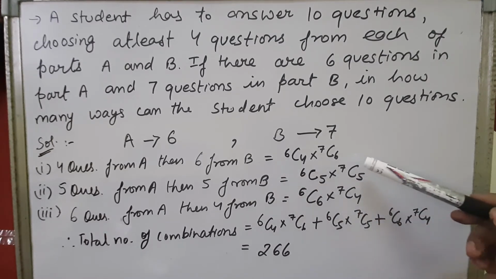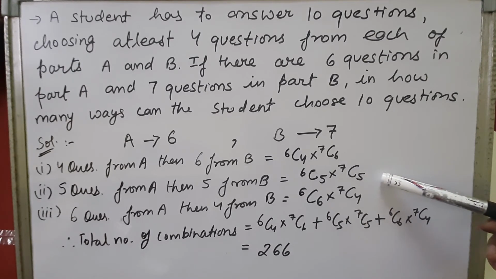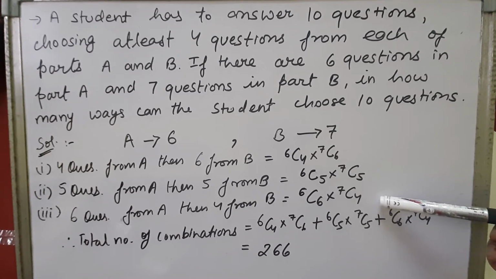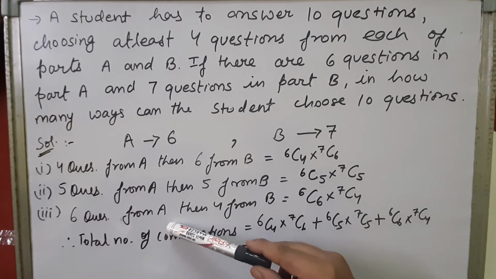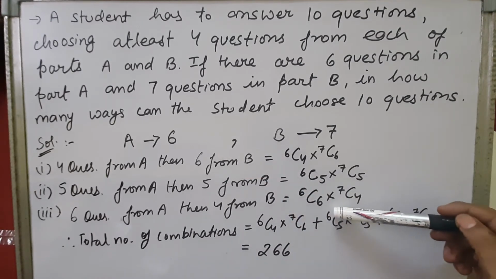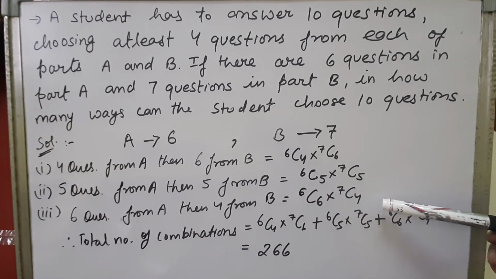So in the first case, the number of combinations will be 6C4 into 7C6. In the second case, 5 from A and 5 from B, it will be 6C5 into 7C5. And in the third case, we have to select 6 from A and 4 from B, and there are only 6 questions in A, so it will be 6C6 into 7C4.